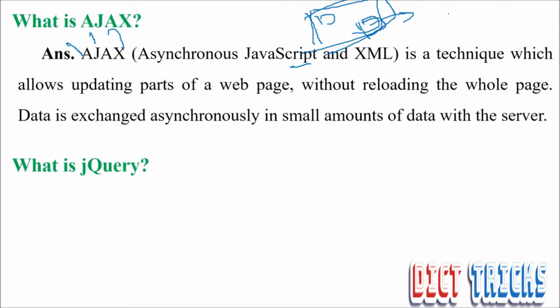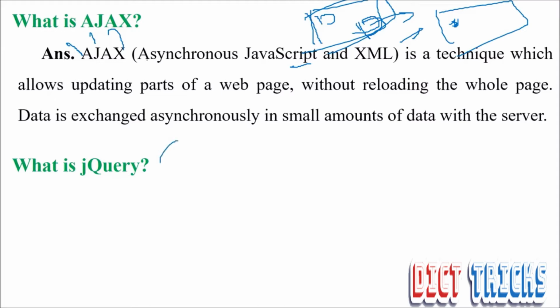Like you have a cricket website. Now some match is going on, you want to update the scores without asking the user to refresh again and again. For that you use AJAX. So it is a technique which allows updating parts of a web page without reloading the whole page, and data is exchanged asynchronously in small amounts with the server.